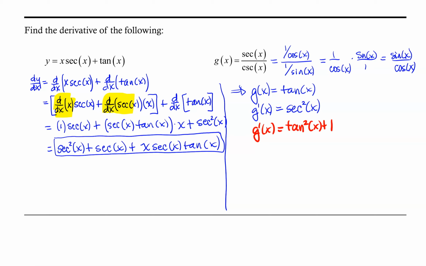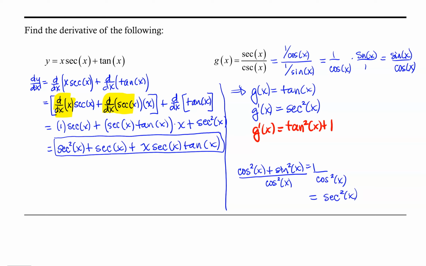So just as a quick reminder, if we have cosine squared of x plus sine squared of x, which should be an identity that you have in your head that you remember well, and if we take and divide both sides of that equation by cosine squared of x, on the right-hand side we would end up with secant squared of x.